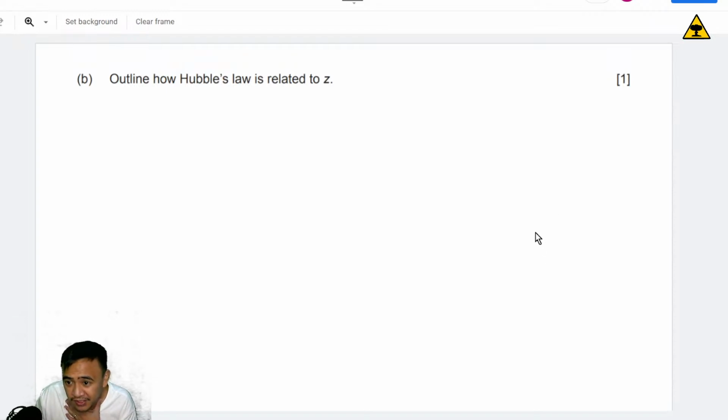If we check the marking scheme here, let me just read it out first and then I'll explain further. It's loading. Hold on, I cannot access the marking scheme all of a sudden. Just give me a moment.